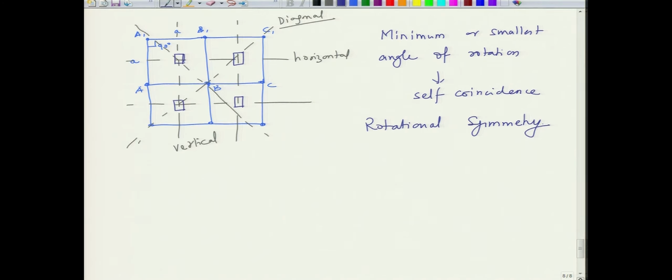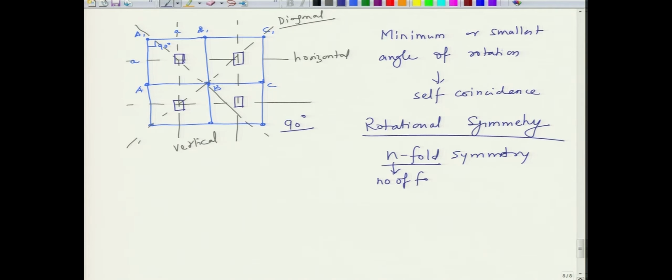So in this case you can rotate it by 90 degrees, but how do you evolve a general framework? In this case we define what we call n-fold symmetry. And this n is the number of fold, or rather defines the angle of rotation. So n equal to 1 will mean 360 degree rotation.